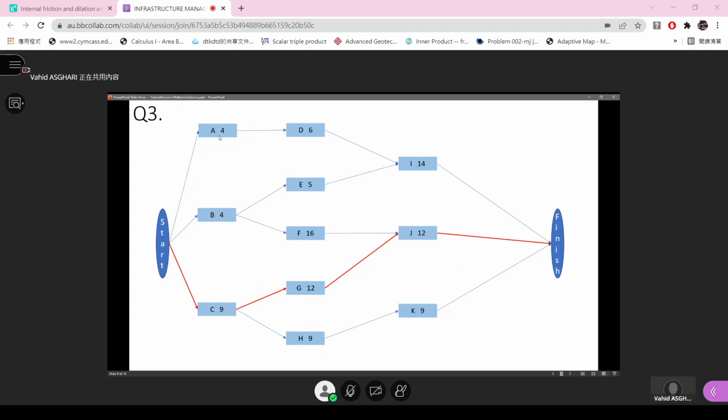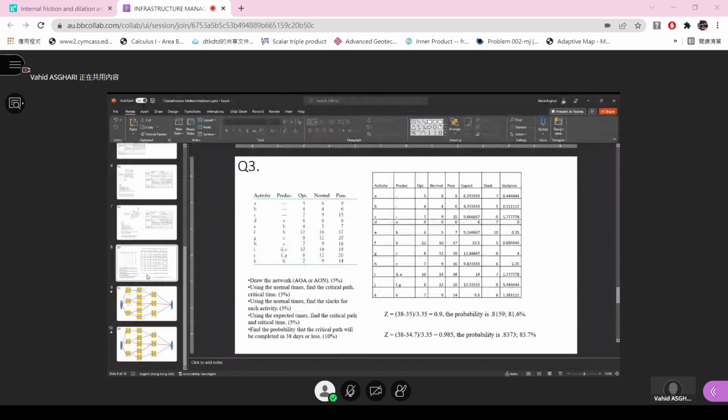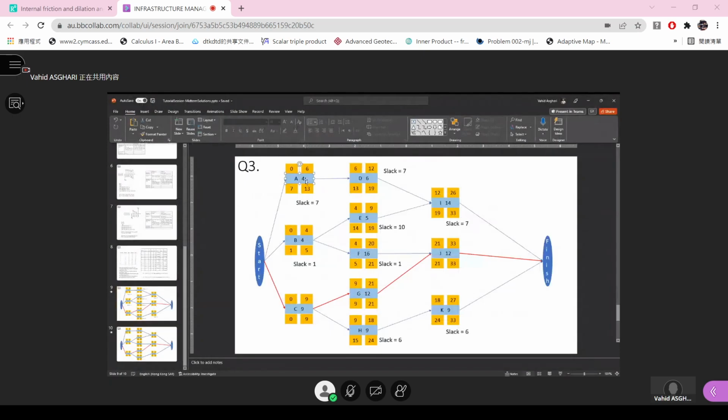So if we draw the activities based on their predecessors, we will find this network. Starting from activity A, 0, oh, sorry, my bad, it should be 6, not 4.